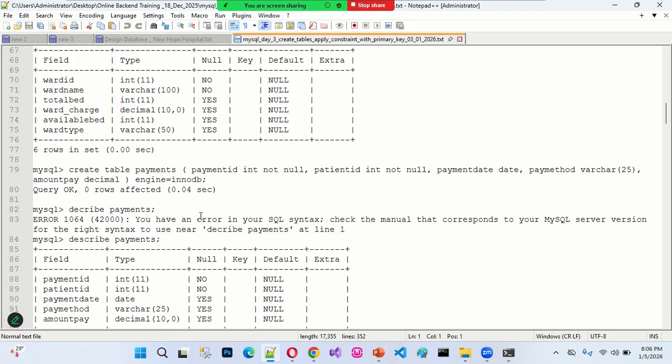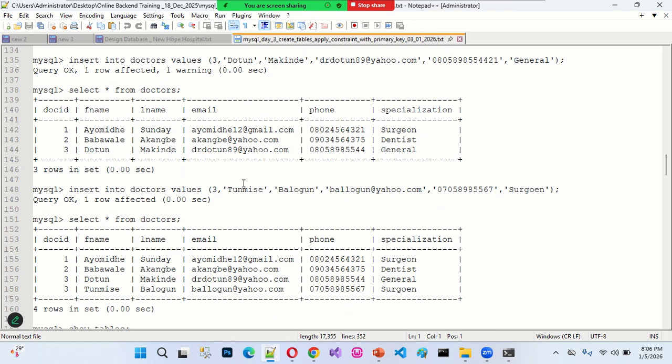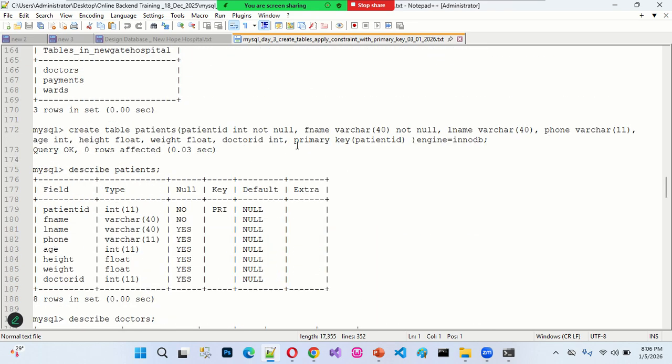Do you get it now? If you remember, when I was applying the primary key to this particular table, after the last one, I said primary key apply. So this time around, I must apply the primary key again to the drug ID first. Do you get it now?